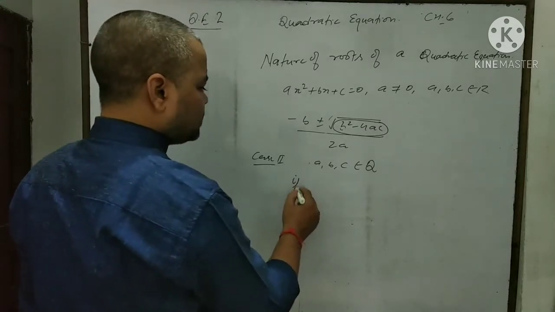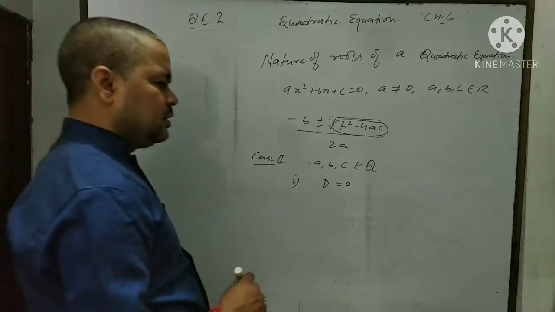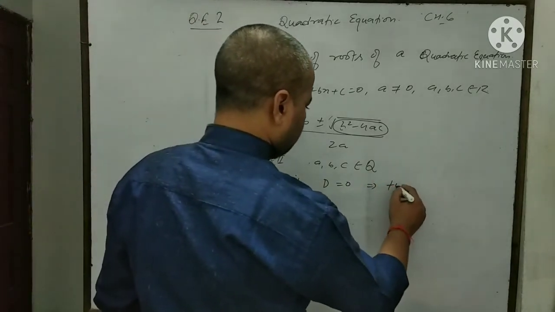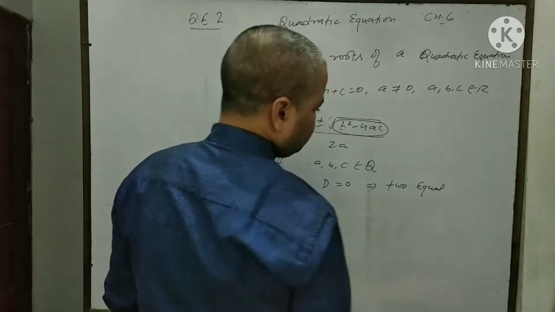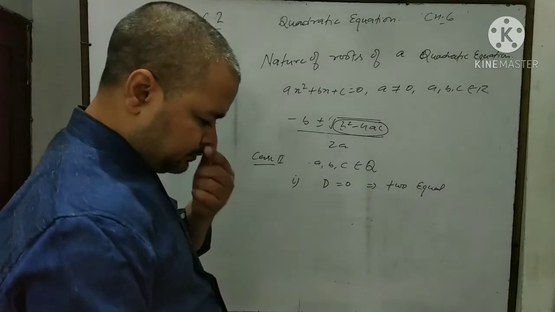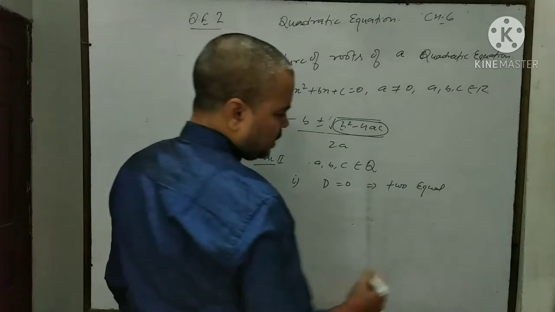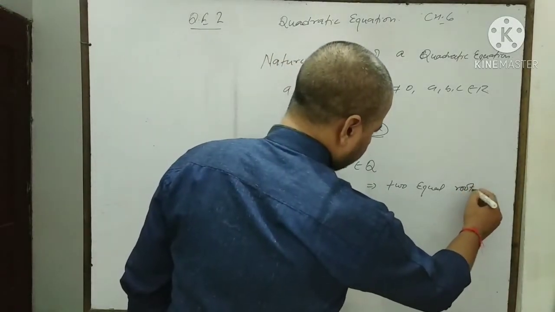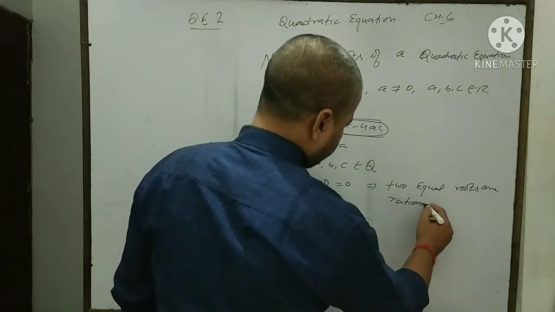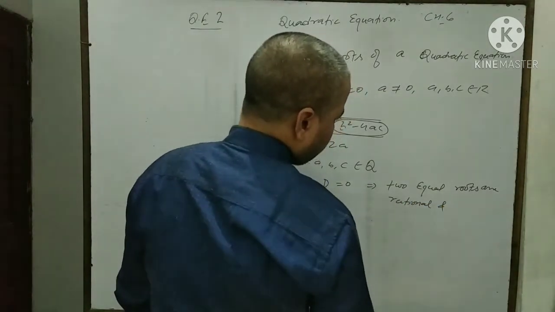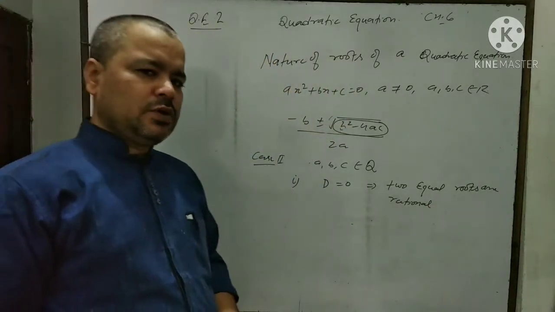Then the first condition: if the value of discriminant is equal to 0, then there will be two equal real roots, and the two equal roots are rational. We can say the roots are rational and equal.